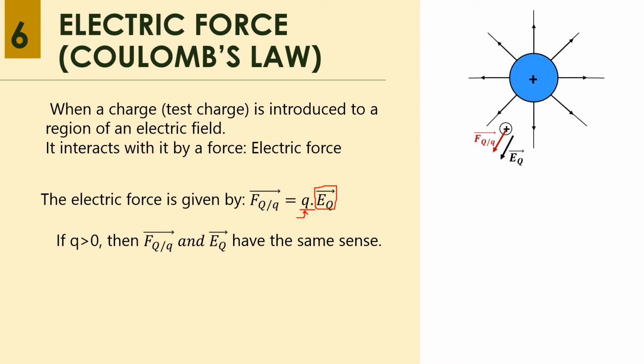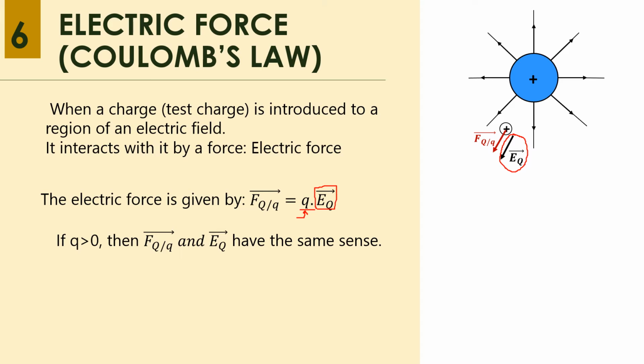If you look at the upper right side, the blue circle is charge capital Q. It is positive, therefore electric field lines are going outwards relative to it. Now introduce a test charge, small q, which is shown as a circle and inside it a positive sign. First, the electric field due to the charge which was present in the first place is this one, and it is going outwards.